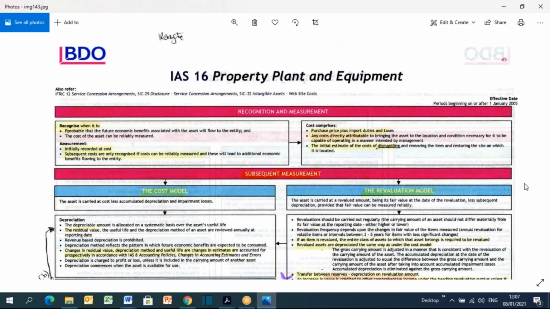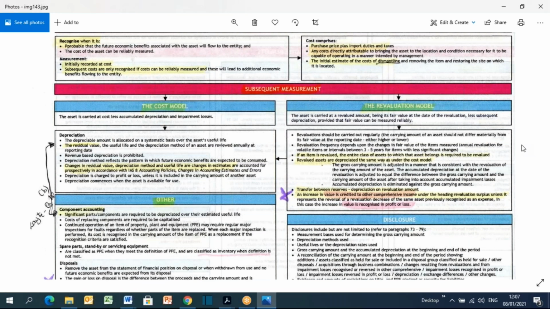So for example, for this question here for the IAS 16 property, plant and equipment, I used a question called Kate, and in the BPP revision kit it is question 18, but you will also find this in the Kaplan kit, though it is named differently. I don't know exactly the name, but if you go through the kit, you will find it.